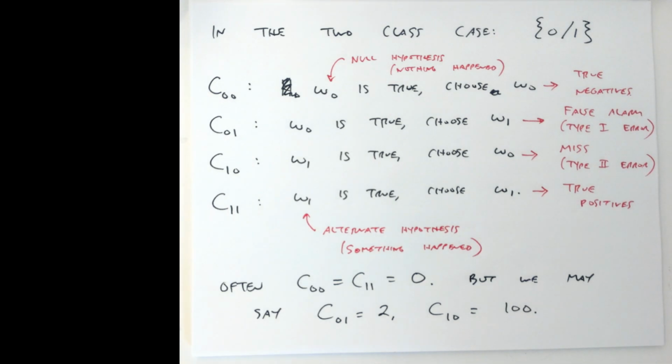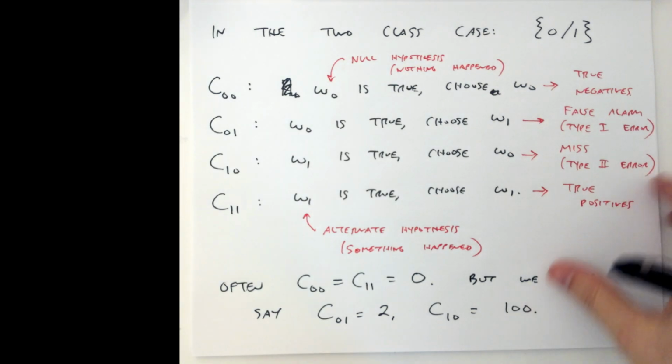And so if I think about how to write the Bayesian risk in this 2-class case, let's put it all together.